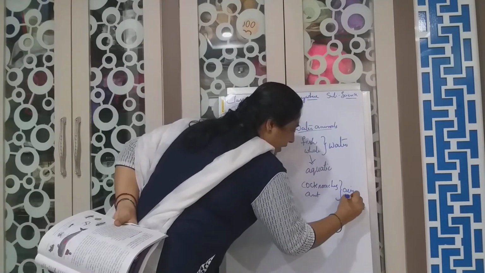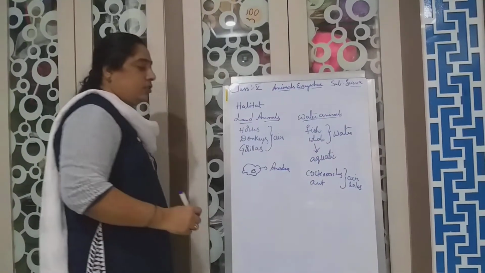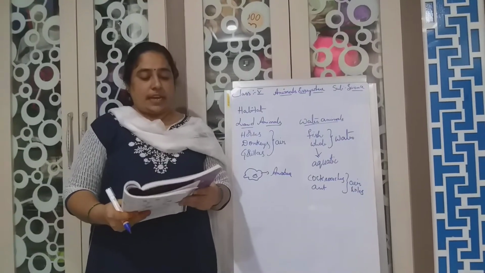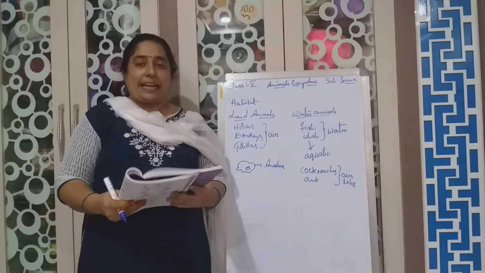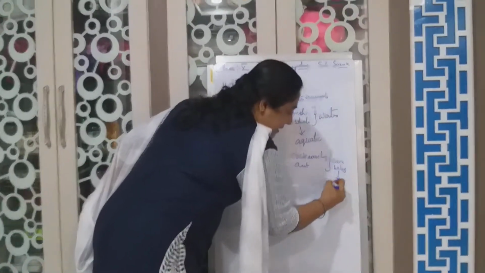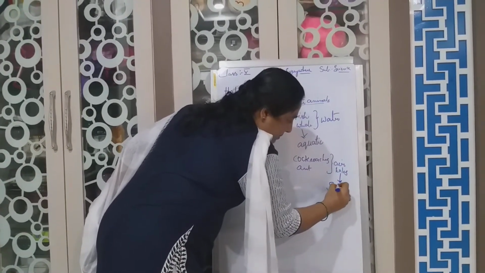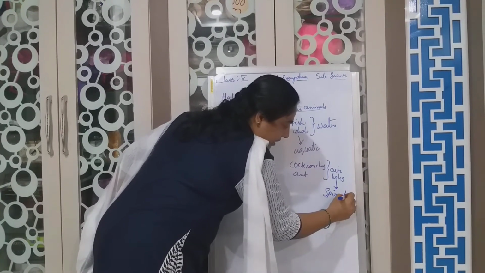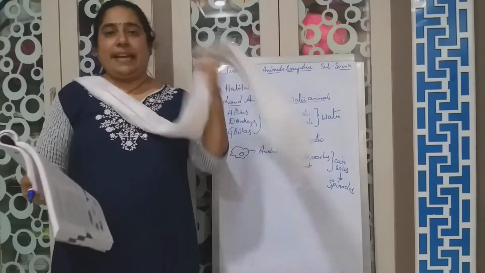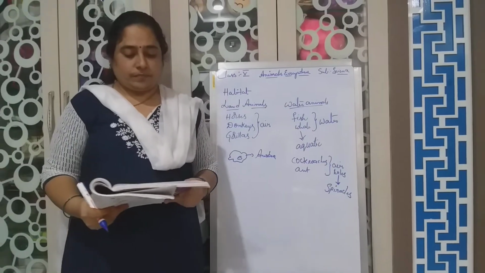They have holes in the body. These holes are called spiracles. What are they called? Spiracles. Underline spiracles, children.